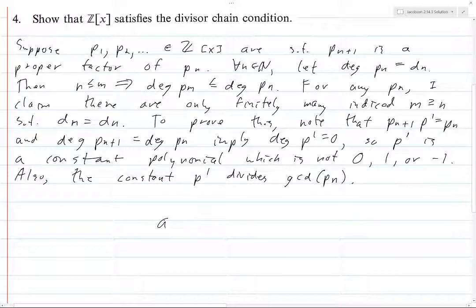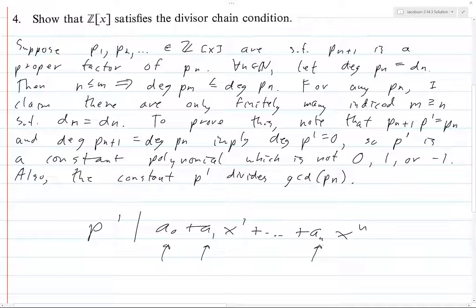That's because if we have a0 plus a1 x to the 1 plus all the way up to an x to the n, and P prime is just a constant value that divides all of these, then it must divide a0, it must divide a1, all the way up through an. And so if it divides all of these, then it must divide the greatest common divisor of all of these.